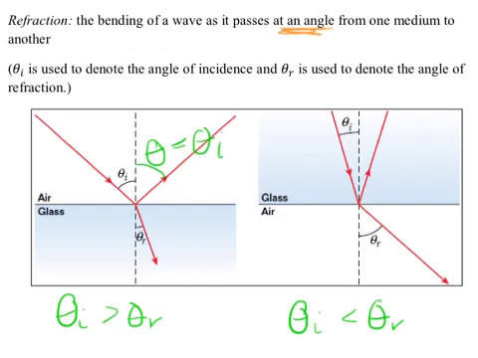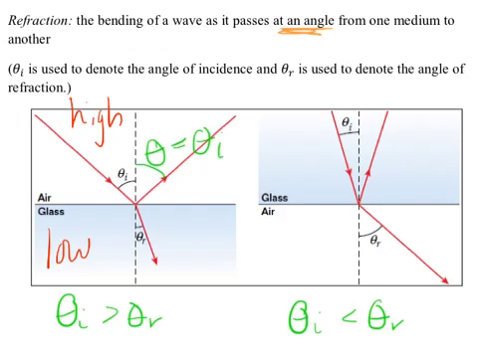So when it goes from a high speed medium like air to a low speed medium like glass, the angle of refraction is going to be less than the angle of incidence. So what's happening is the rays coming in are bending toward the normal.